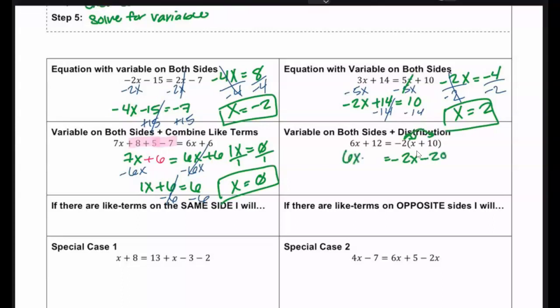Bring down everything on the left. In this case, once again, moving everything to the left, as far as x's go. Don't do minus 2x. This time this x is negative, so I'm going to add 2x to both sides to cancel that negative 2x, and that is going to give us 8x.